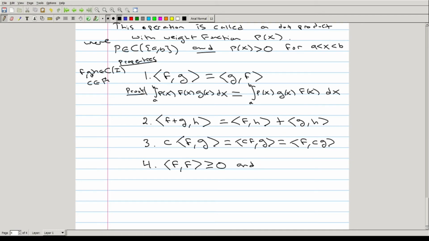And the inner product of f with itself is equal to 0 if and only if f is equal to the 0 function for all x in the interval from a to b.